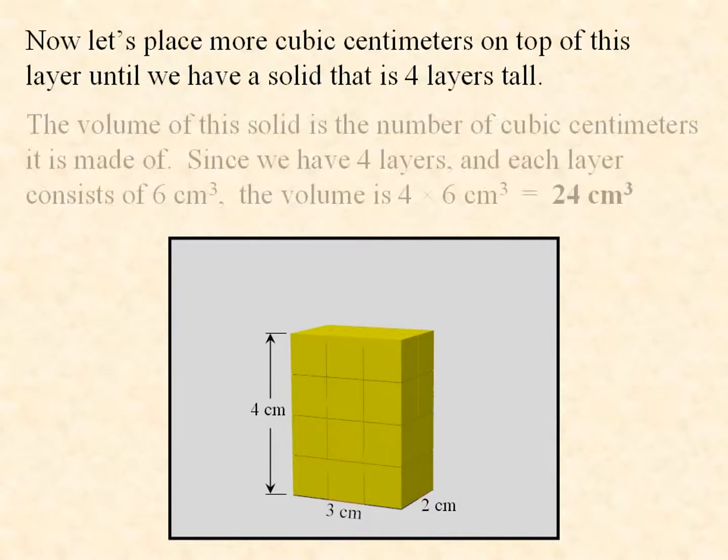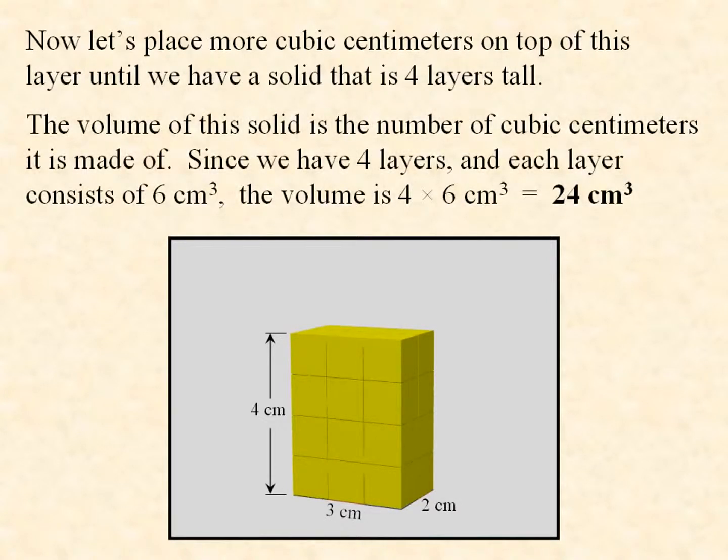The volume of this solid is the number of cubic centimeters it is made of. Since we have 4 layers, and each layer consists of 6 cubic centimeters, the volume is 4 times 6 cubic centimeters, which is 24 cubic centimeters.